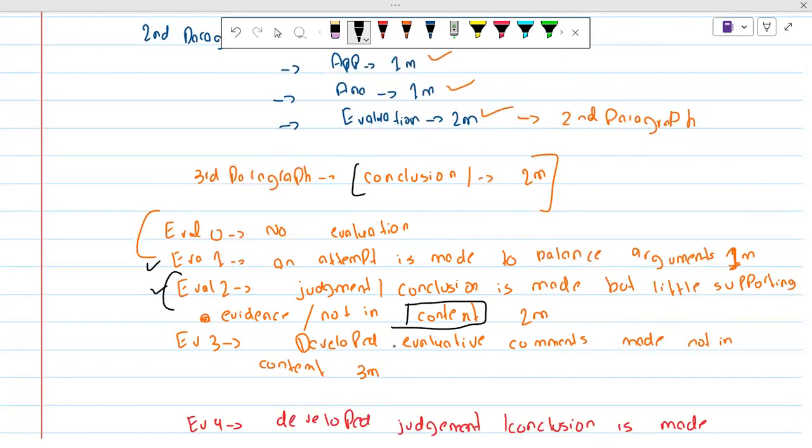Okay, so if you developed evaluating comments made not in the context, for example, if you write evaluating comments in your third paragraph, but you are not writing your comment in the business context, you will get only 3 marks for it.